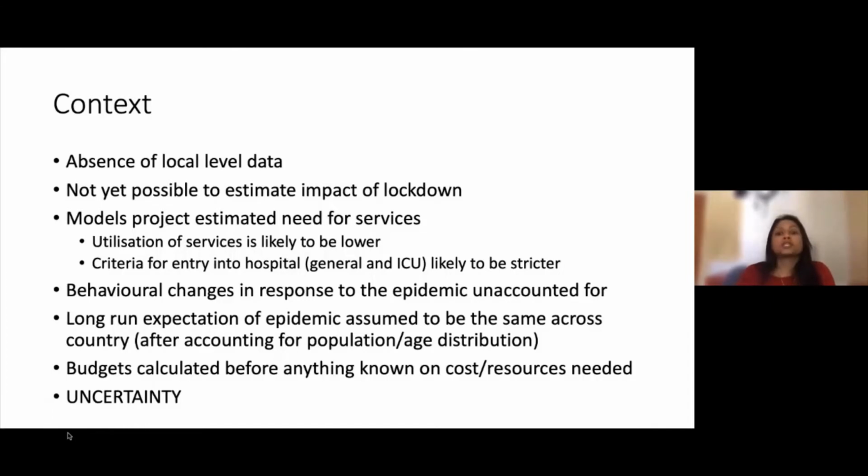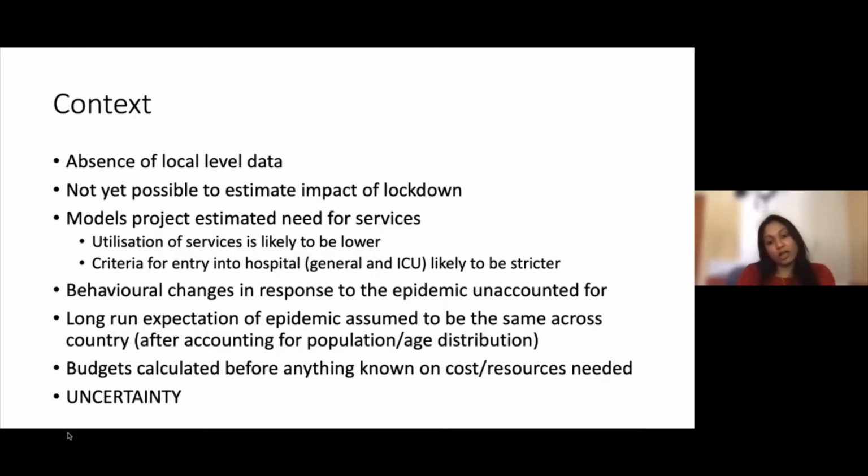When we made our projections, we made them not based on what anticipated use of services would be, but rather what the need for services might be, because we were assisting decision making for planning, and we planned on need rather than use. So with these projections, we anticipated that the actual utilization of services was likely to be lower.